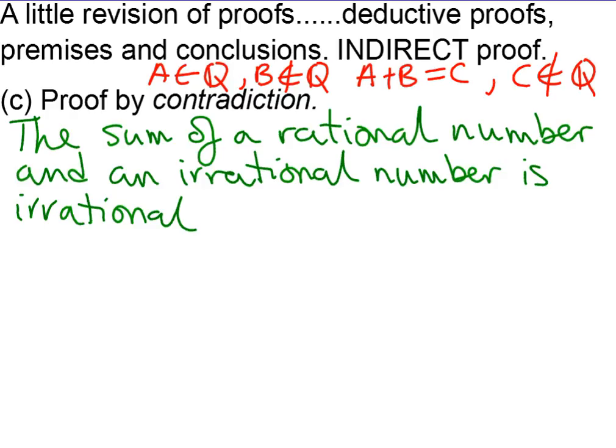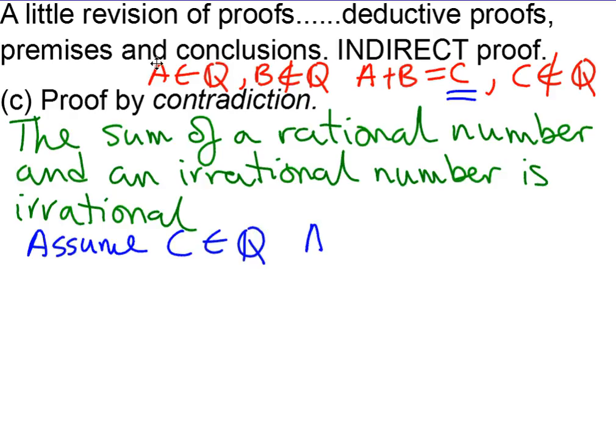So here's how we do the proof. We assume that this answer, C, right here, is rational. Let's assume that's true. What do we have?